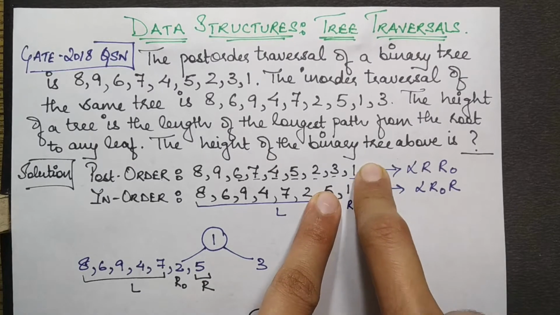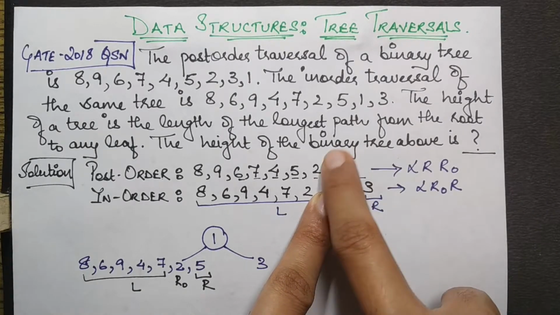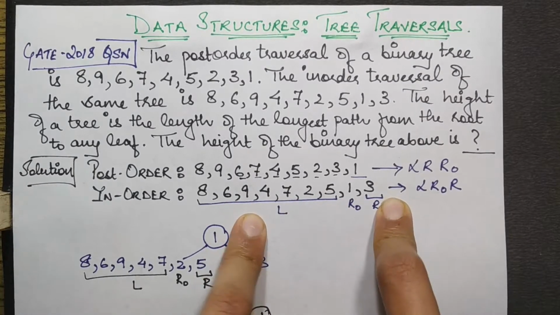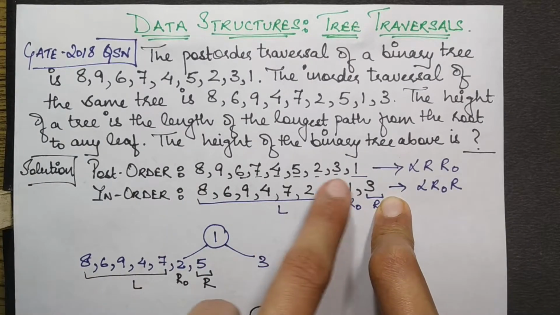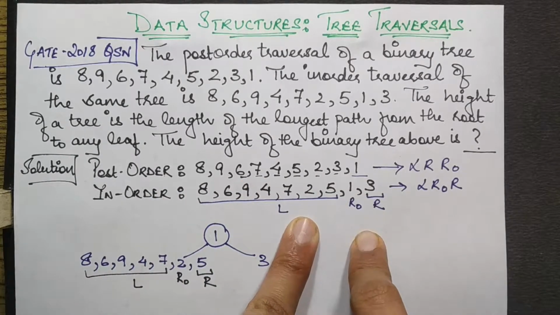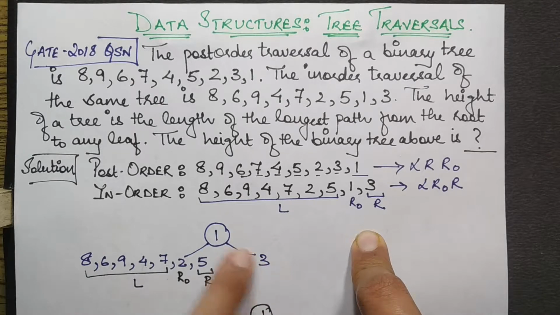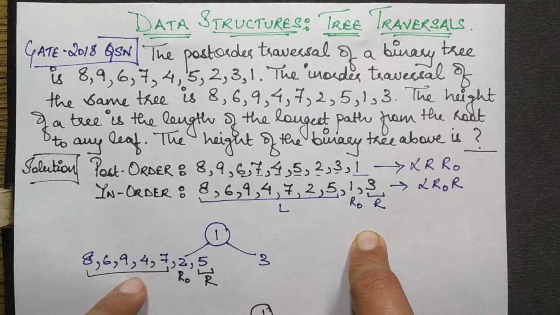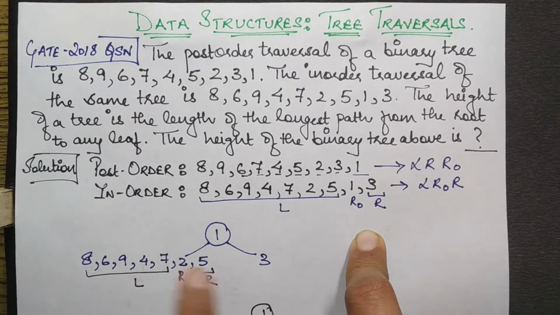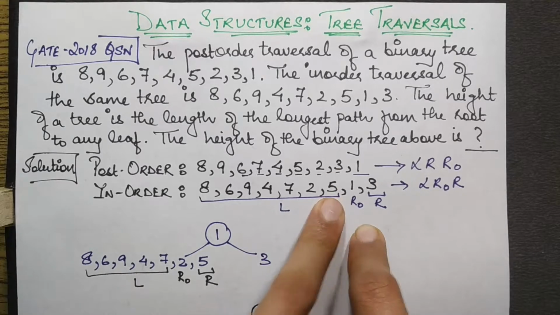Now taking this 1 as the root, when I see this in order, I get to know the entire thing over here are the left hand side nodes and this is the right hand side node. So I just draw 3 over here in the right hand side branch, and in the left hand side branch I just write down all these elements in the same order, right?